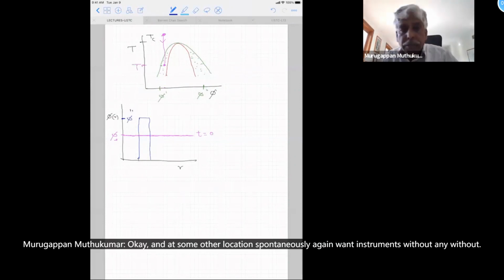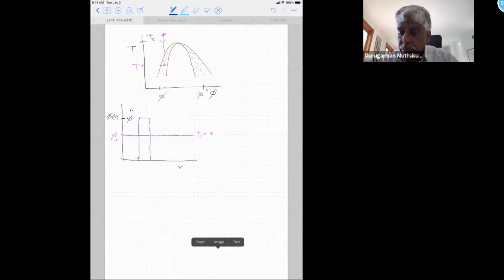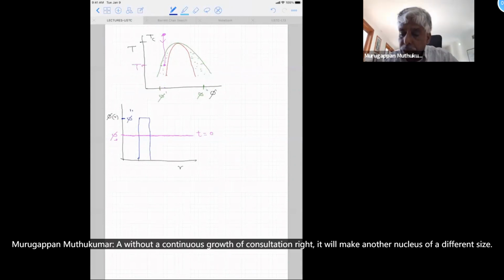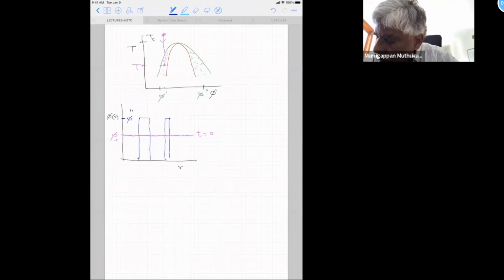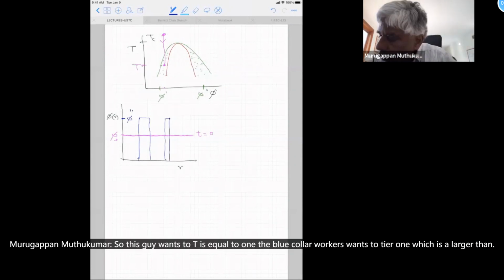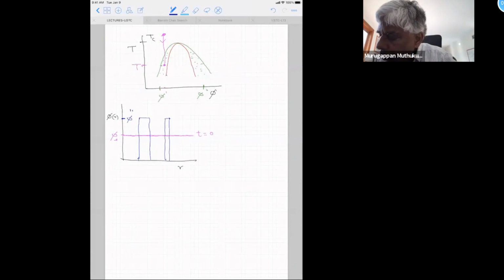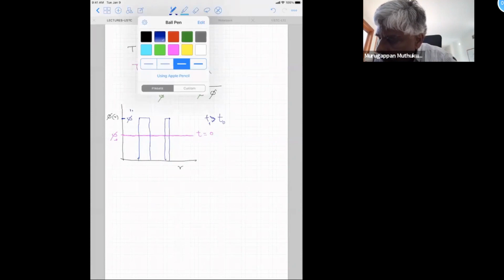And at some other locations, spontaneously, again, spontaneous means without a continuous growth of concentration, it will make another nucleus of a different size. So this corresponds to T equal to 1. The blue color corresponds to T1, which is larger than T0, of course. This is T0.